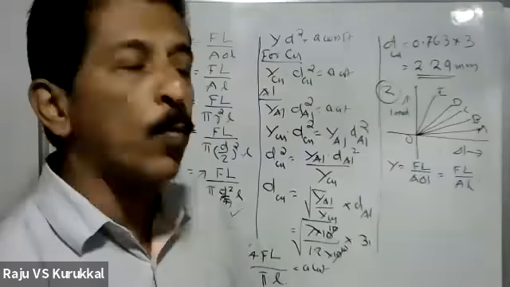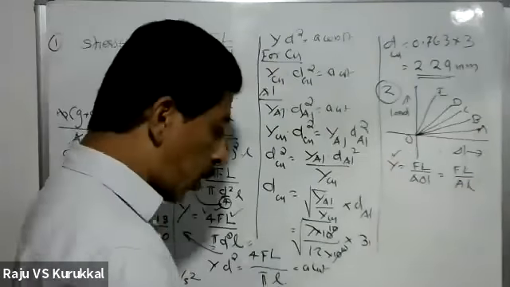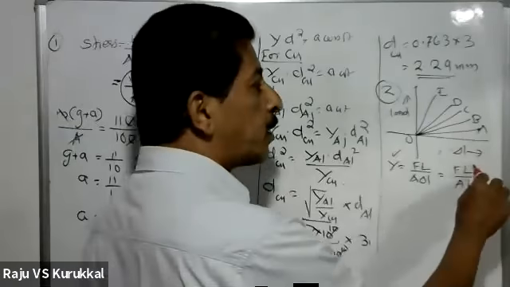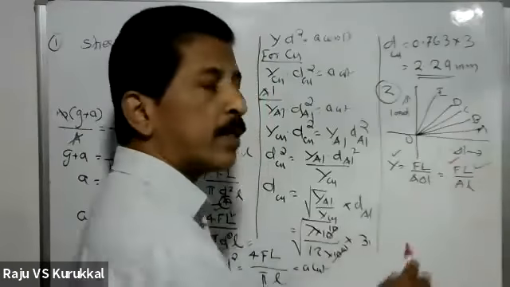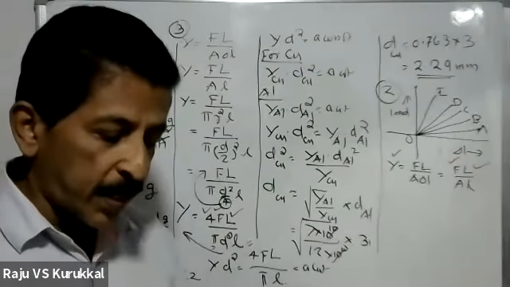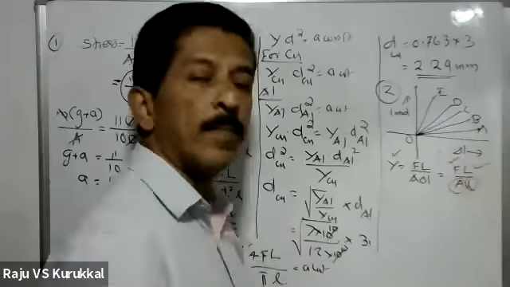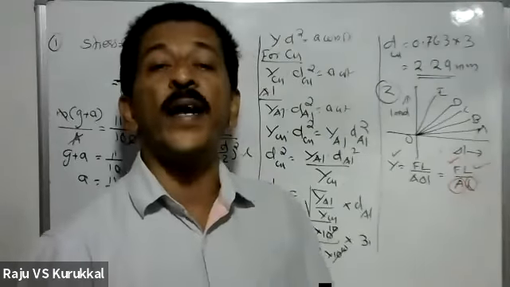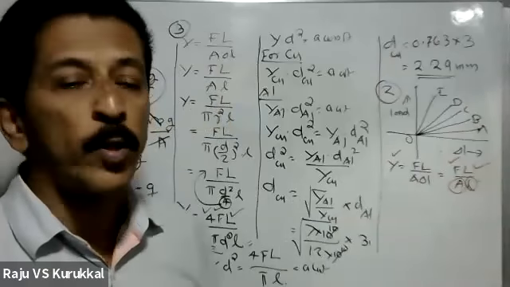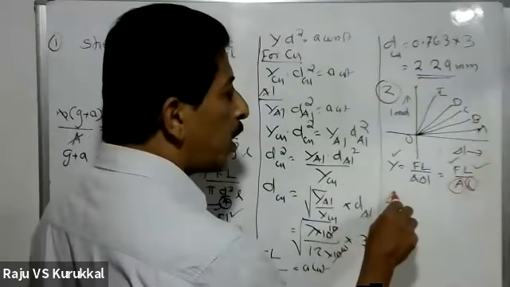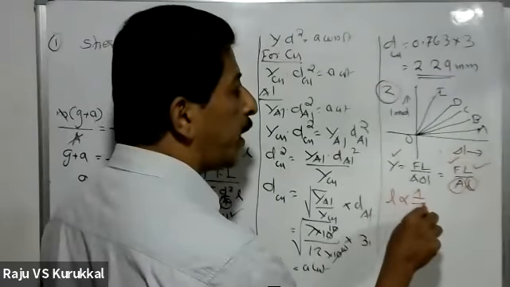Question-ൽ Young's modulus constant എന്ന് പറഞ്ഞിട്ടുണ്ട്. Initial length constant ആണ്. Force is constant. And area of cross section changes. Area change ചെയ്യുന്നു, length change ചെയ്യും. Area and length are inversely proportional. അപ്പോൾ നമുക്ക് എങ്ങനെ എഴുതാം? This equation becomes l proportional 1 by A.